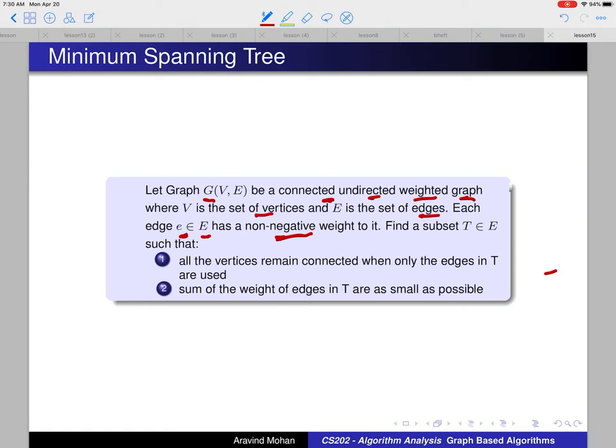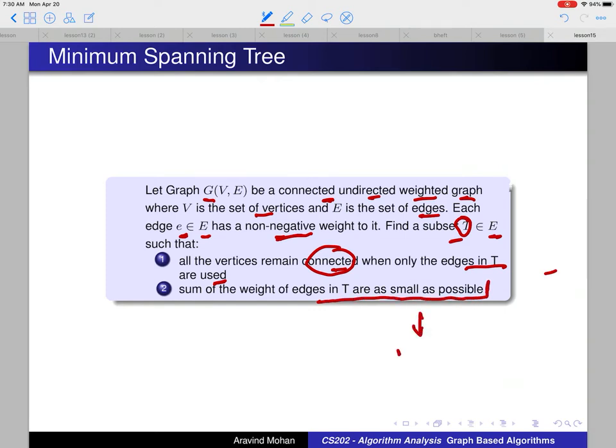So we are trying to find a subset T of E, where E is the set of all edges in that graph, such that all the vertices remain connected when only the edges in T are used. And the sum of weights of edges in T is as small as possible.